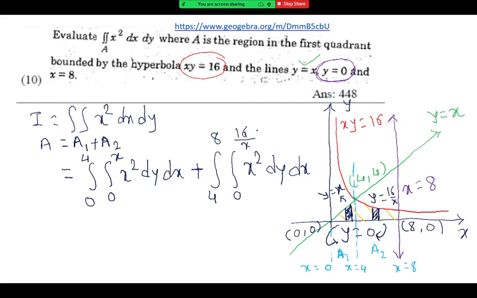What is the most difficult part in this question is only this, writing the limits for this double integral. The remaining part is very simple. You can evaluate it because you just have to integrate with y first. What is the integral of x square with respect to y? x square y. Just put the upper and lower limits and do the integration one by one, and you should reach the final answer as 448.